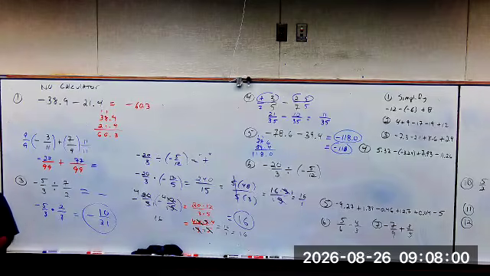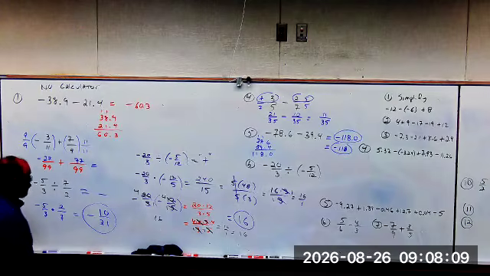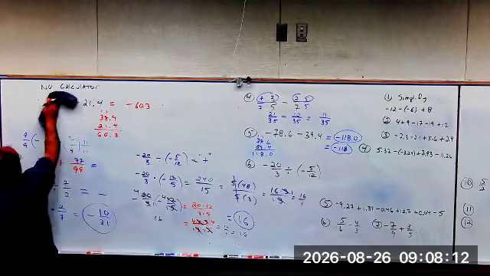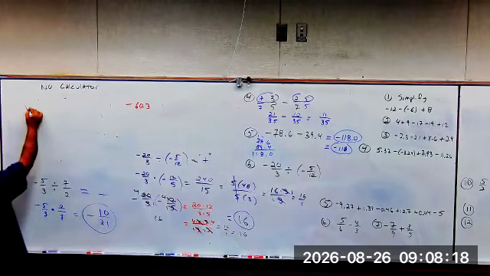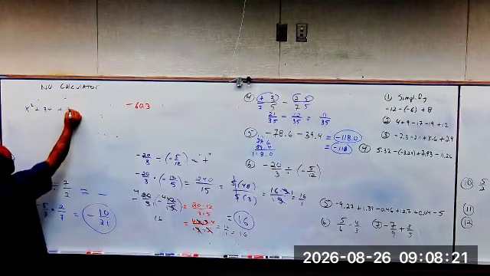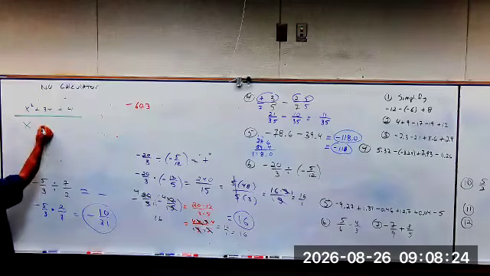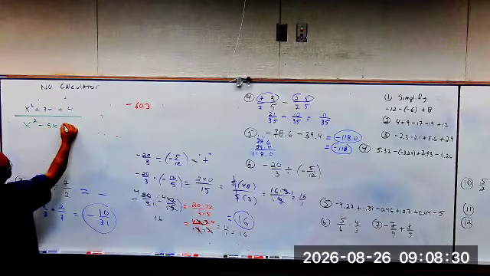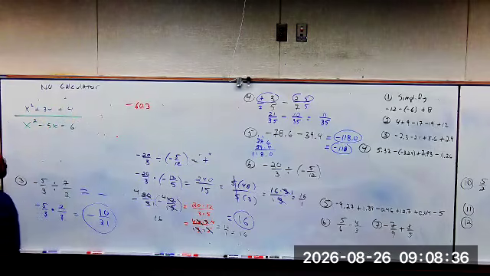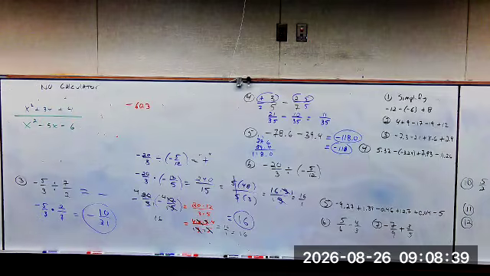We look for common factors before we multiply things out. Common factors are the only thing we can redo. Where we're headed in about a month is going to be something like this. You're going to have to factor that.